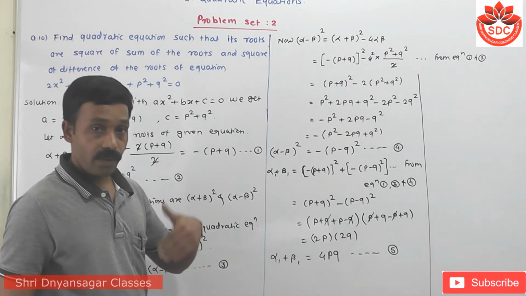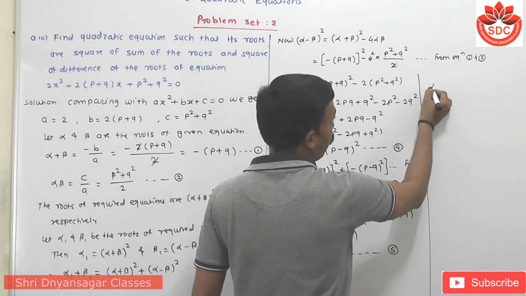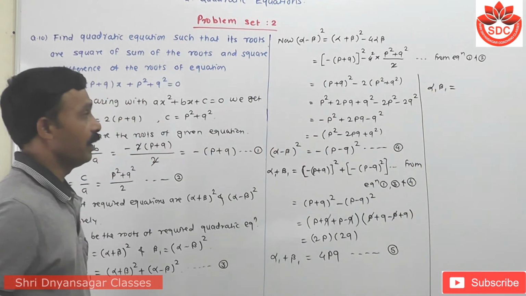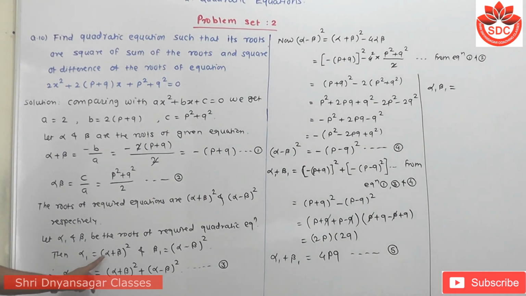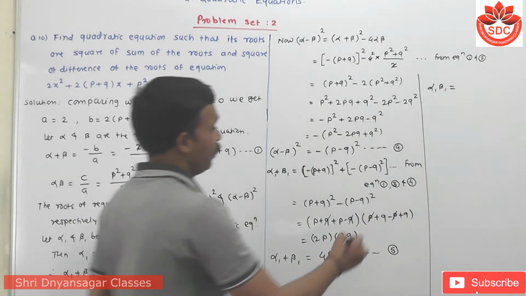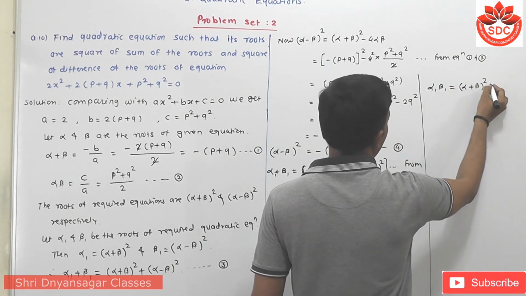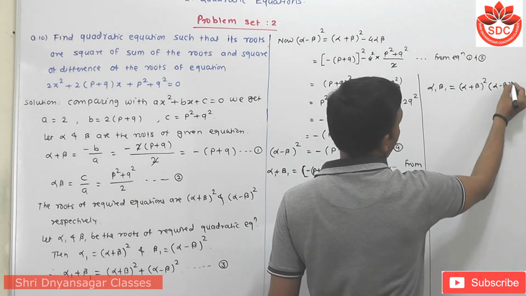Then for forming the new equation, we also find the product of alpha 1 into beta 1. That is, alpha 1 is (alpha plus beta) whole square, into beta 1 which is (alpha minus beta) whole square.